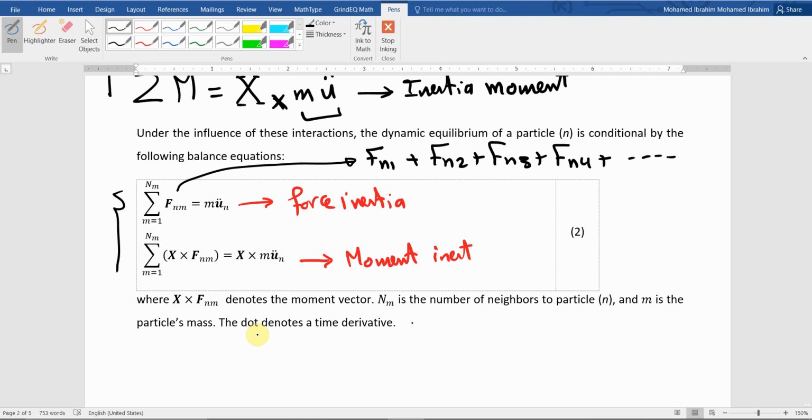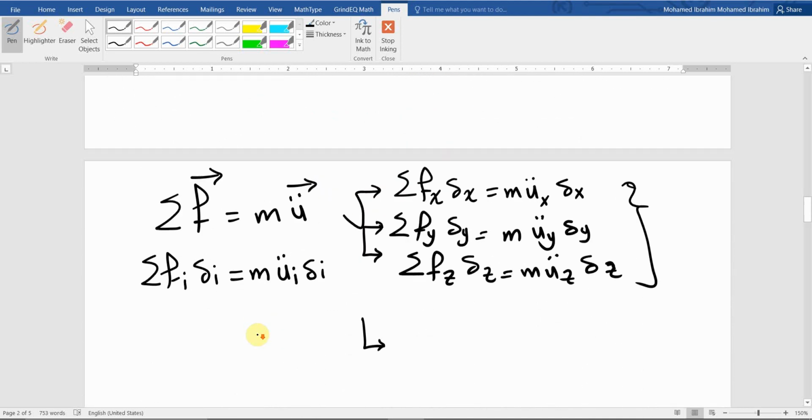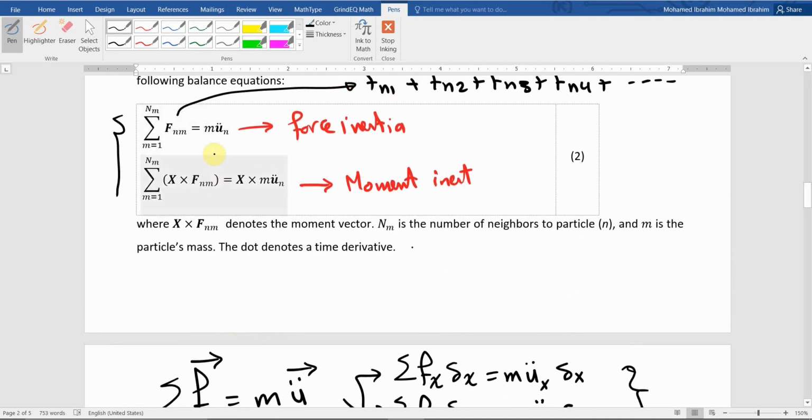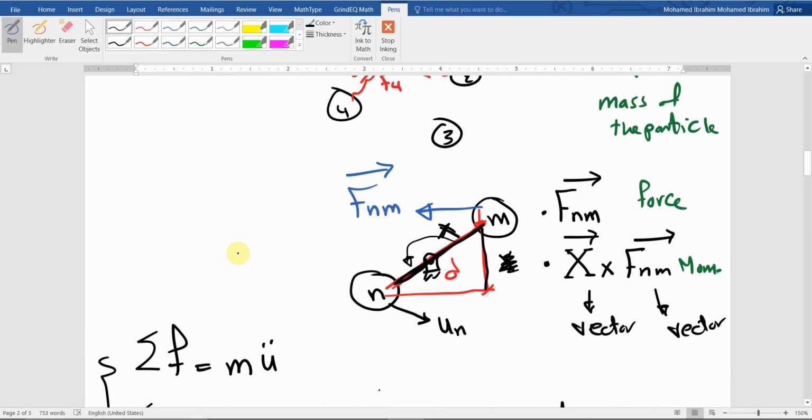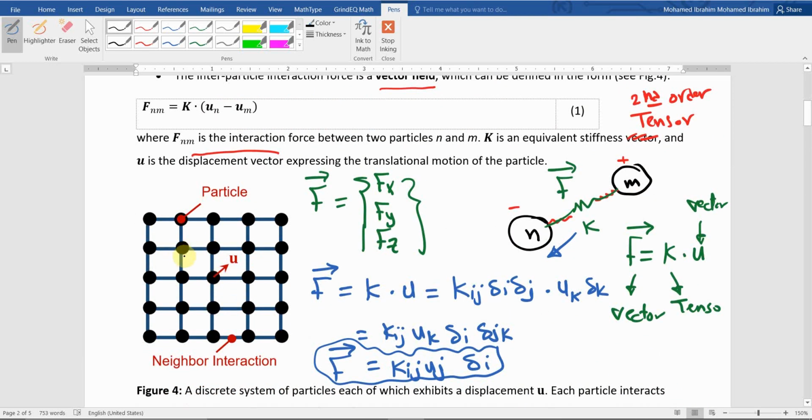It would be somehow unclear to you at the moment, but anyway, the overall dynamical equilibrium of the whole continuum is described by these 6 equations. Then when we move to continuum mechanics, these 3 equations will be combined together somehow into just 3 equations. But you should understand that if you apply the dynamic equilibrium to any individual particle inside the system of discrete particles, it will be described only by 3 equations which are related to the force acting on this particle.